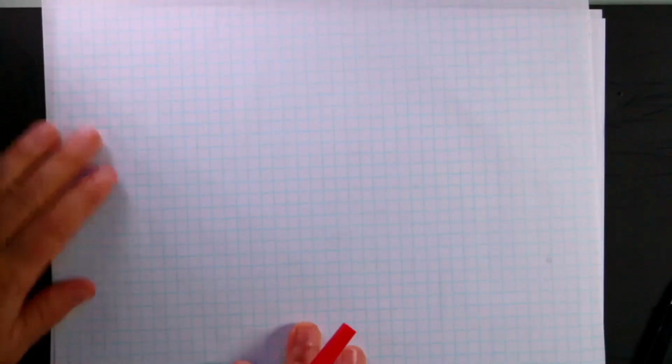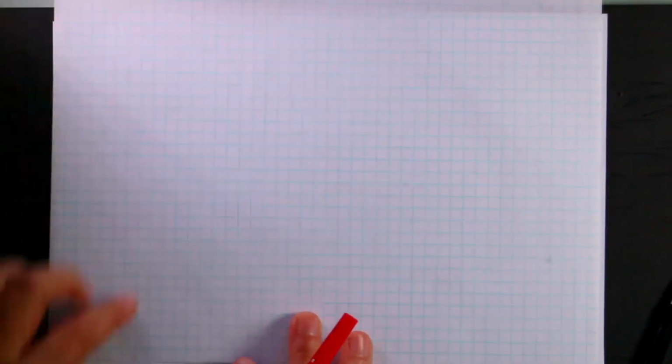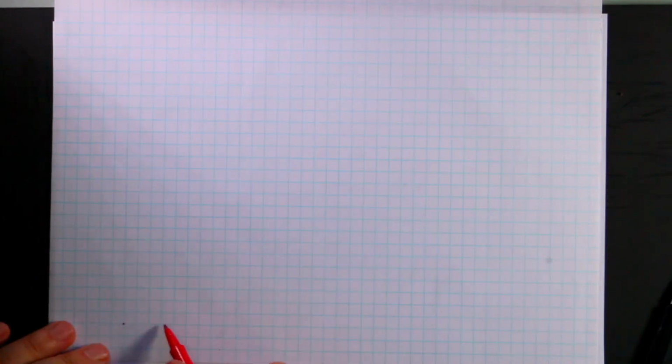Let's say I start right here. Let's just count. 1, let me put a little dot there. 1, 2, 3, up to 25.